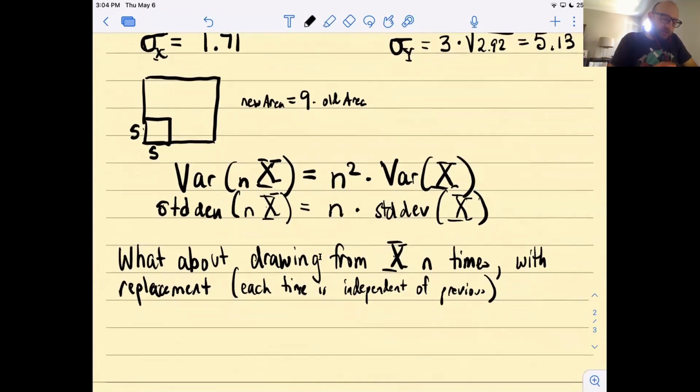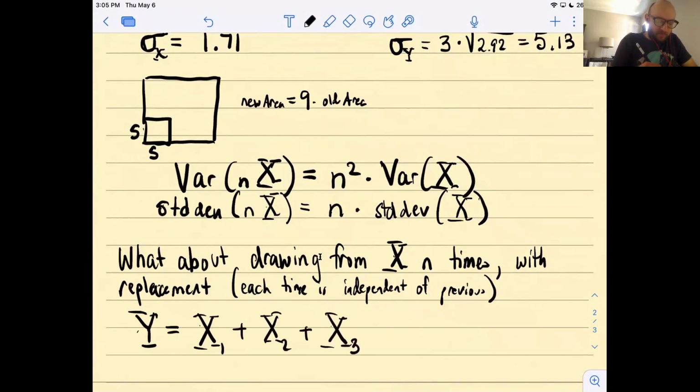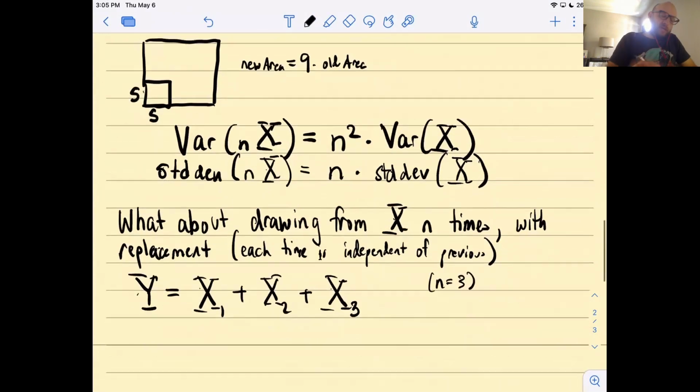In this case, y is no longer going to be 3x, but y is a little bit different. Y is going to be equal to x1 plus x2 plus x3, in the case n equals 3. Do you guys see how this is different versus what we talked about earlier?